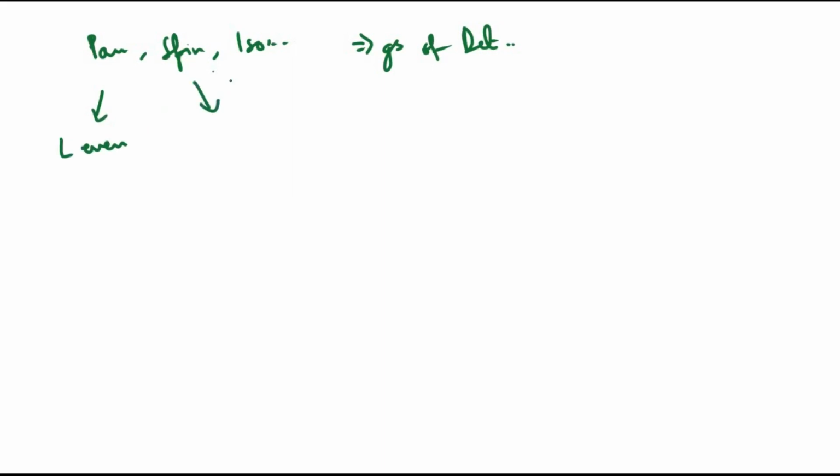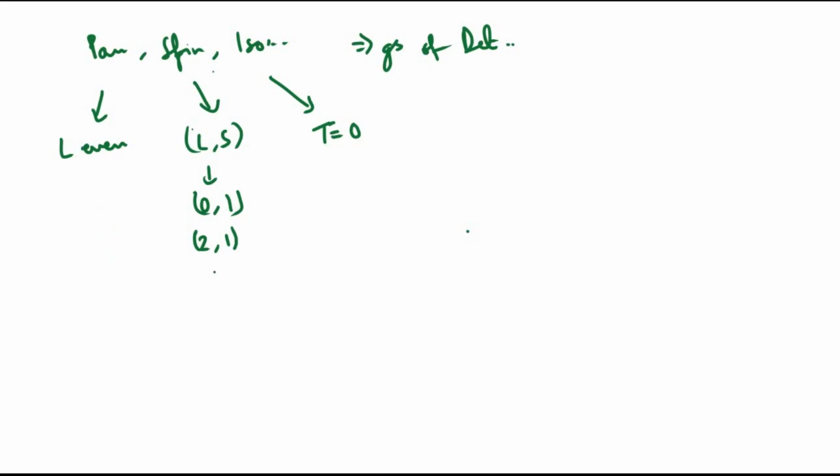Next, what does spin give me? The LS values can be either 0, 1 or 2, 1. And isospin told me that we must have T equal to 0 for the ground state. So these are the three pieces of information that we obtained.